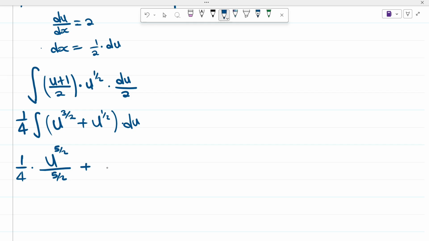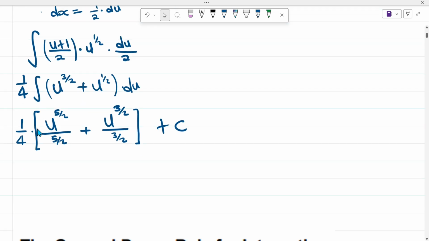Plus, that 1 over 4 is multiplying everything, so I can just open a bracket here so that I don't have to write long things. Then U, and then we add 1 over 2 on the power. That's going to give us U to the power 3 over 2 divided by 3 over 2, like that, and then plus C.